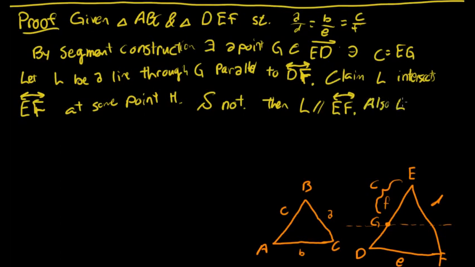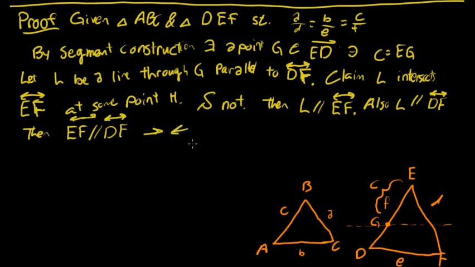Also, L is parallel to DF, because those two lines were parallel to each other. Then EF is parallel to DF. But this is a contradiction.